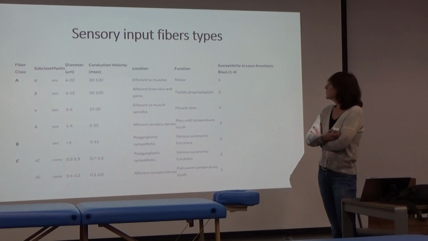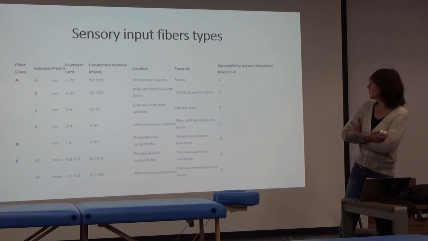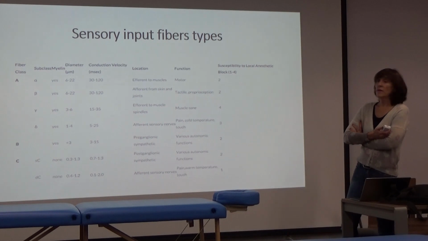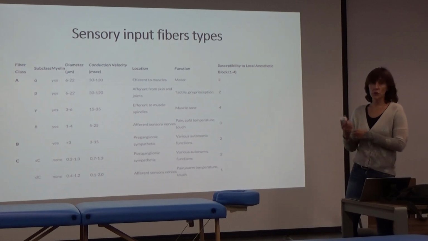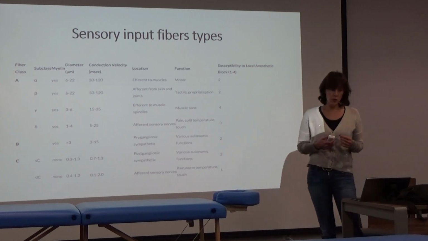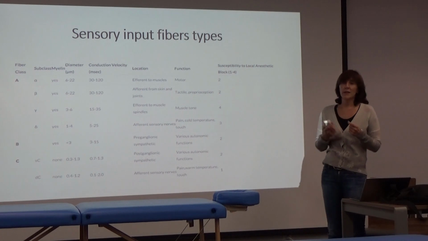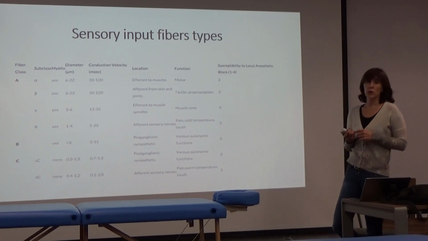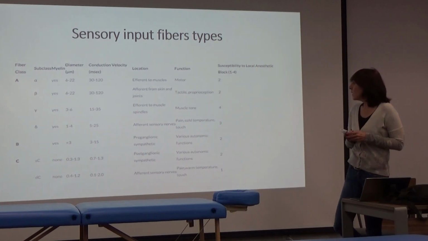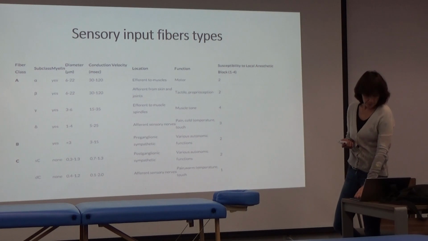And we have, for example, the afferent information from the skin and from the joint, which is very, very fast. So if we move the muscle, so we move the joint, so we change the position of the body, the signal to the brain is very fast, and that's why we can adapt to different movements. We can do different kinds of sports, we can run, and we can do ballet, because the signal is fast enough and allows us to adapt.